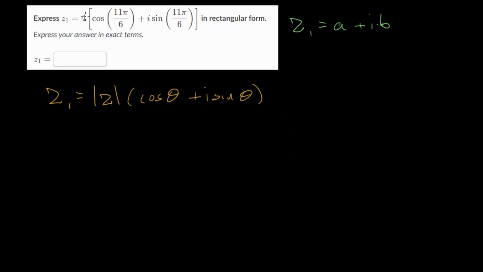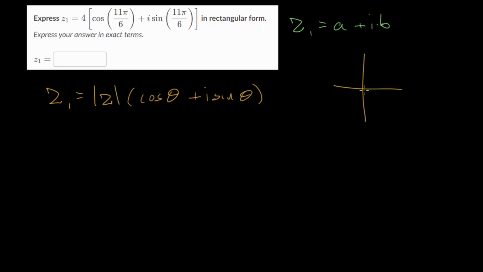So we have a complex number whose magnitude is 4, and remember that's just the distance the number is from the origin, and the angle is 11 pi over 6, which notice is slightly less than 12 pi over 6, which is 2 pi, which if we have an angle of 2 pi, that takes us all the way around.